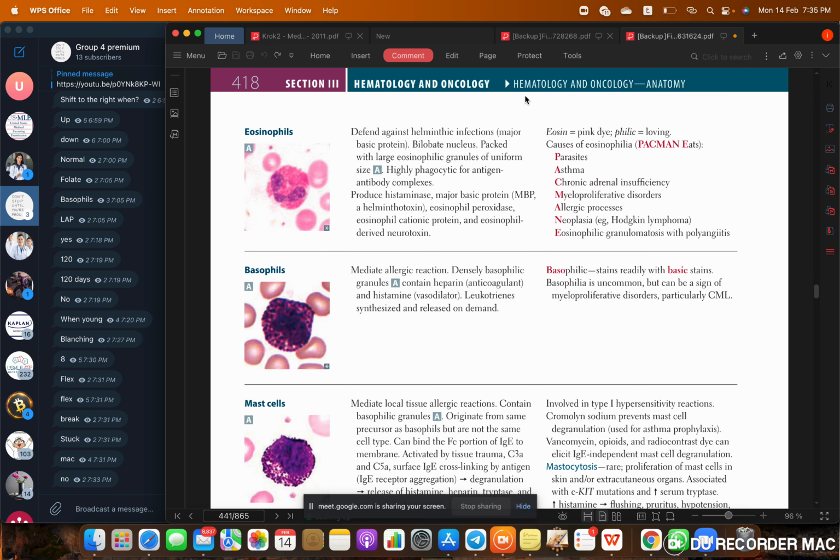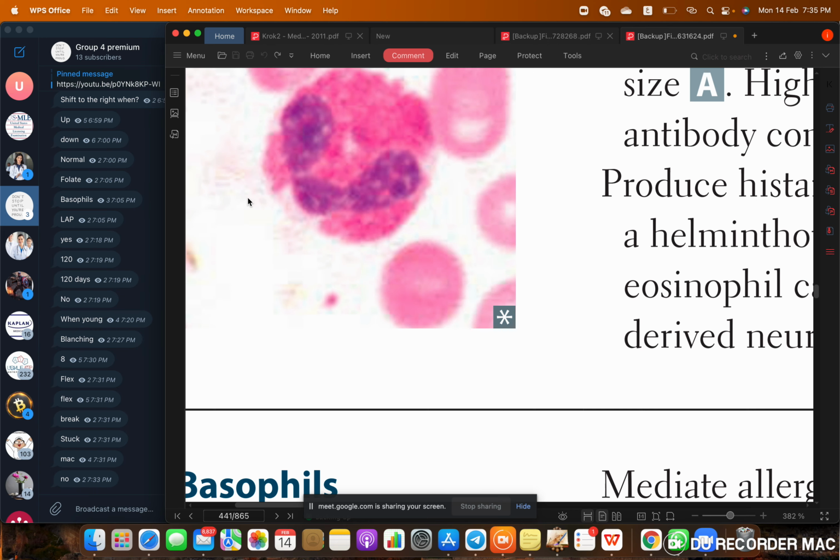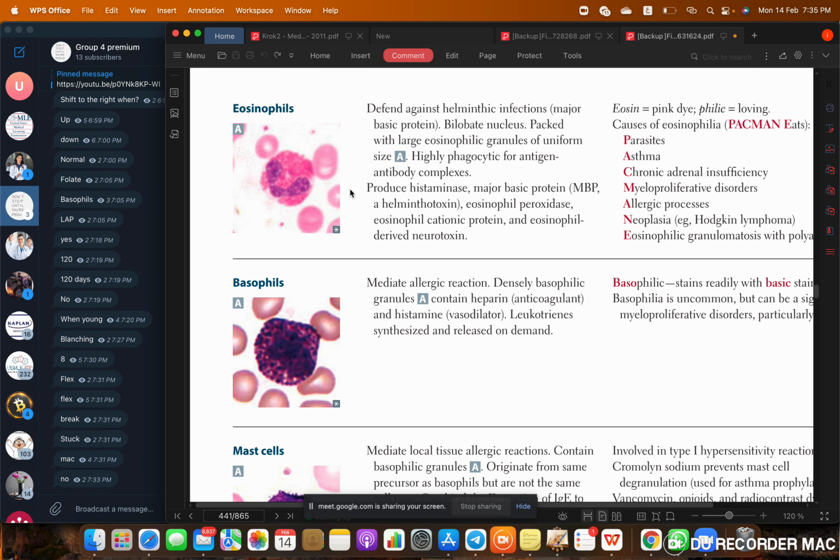Okay? It has 2 lobes of the nucleus, not 3. If it's 3, start thinking neutrophil. And it's pink. It's packed with large eosinophilic granules, which means pinkish granules, of a uniform size. Highly phagocytic for antigen-antibody complexes.